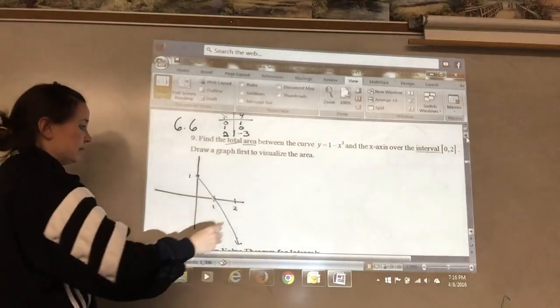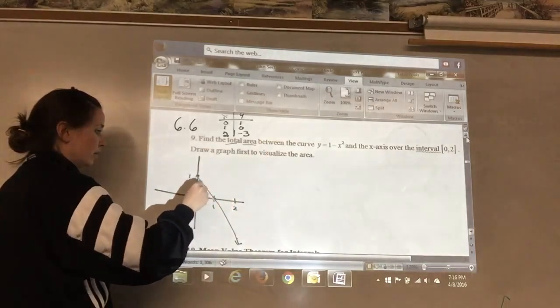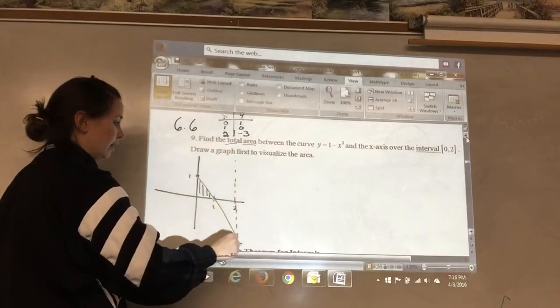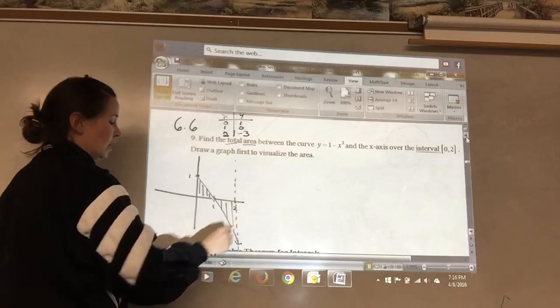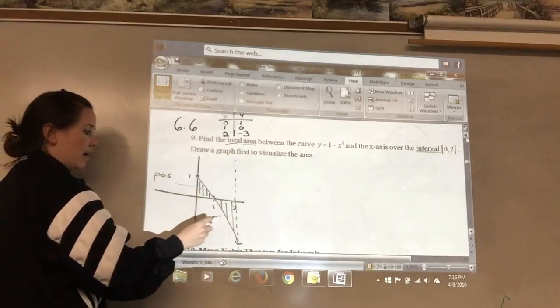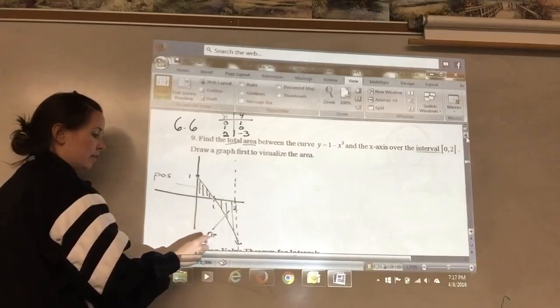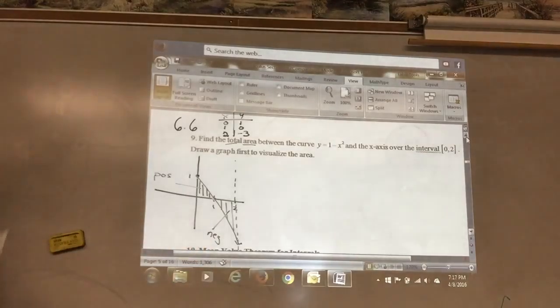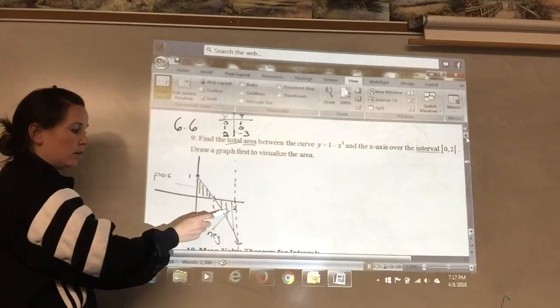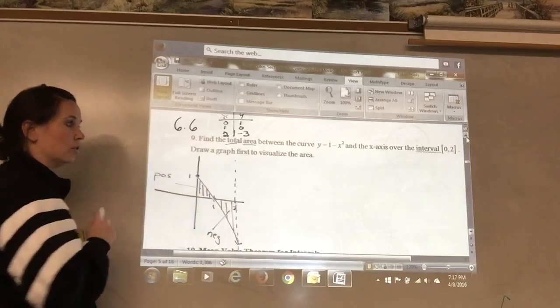So if we look at this, that's our bound right there. We have some positive area, and we have some negative area. Okay, and that's why they're saying we're going to go through and find the total area. We'll be allowed to take our positive area, but we'll have to take the absolute value of this piece and then add it to the positive.